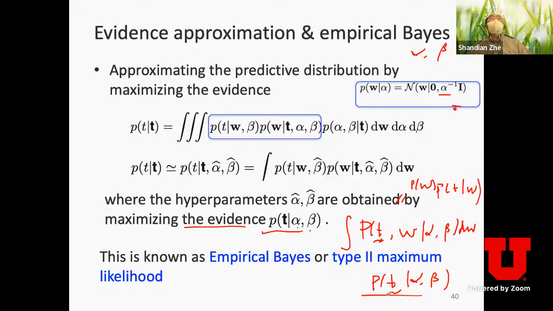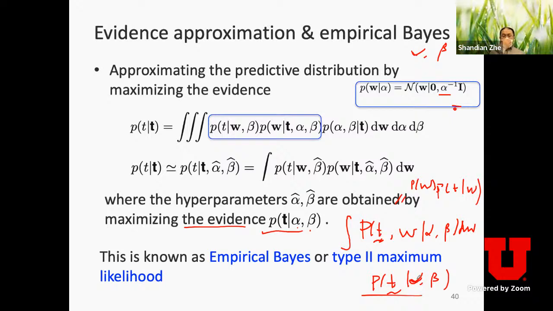We just maximize this. Does it make sense? In our Bayesian linear regression, this is pretty easy to marginalize out. We haven't shown that before. When you maximize it with respect to alpha and beta and find the best alpha and beta, you actually select a particular corresponding model.